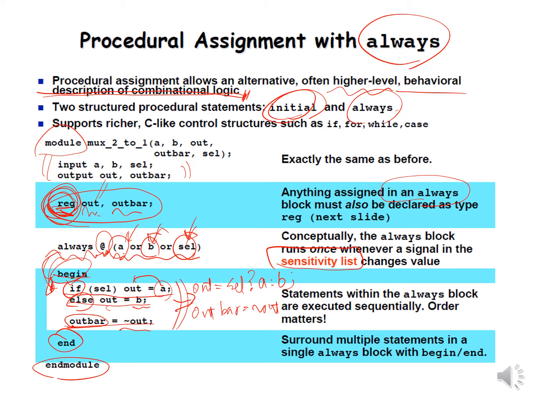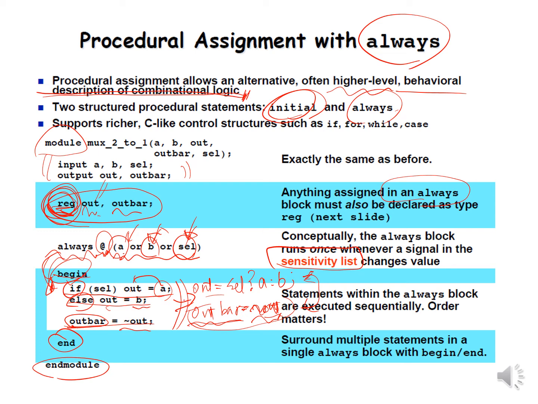Now the big difference is that inside the always statement you cannot swap the statements. If you start with the out bar, because the out bar is assigned by tilde out, the inversion of out, but out is not yet defined, right? If you execute this one first, that is not allowed for procedural assignment.